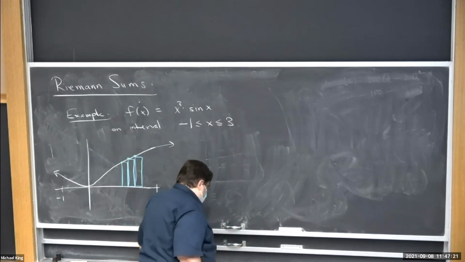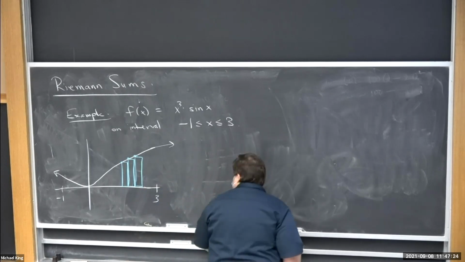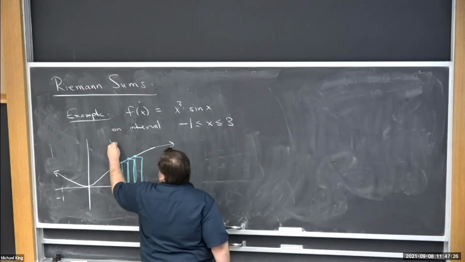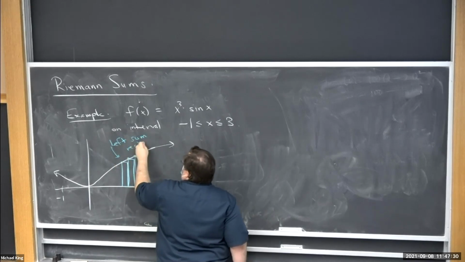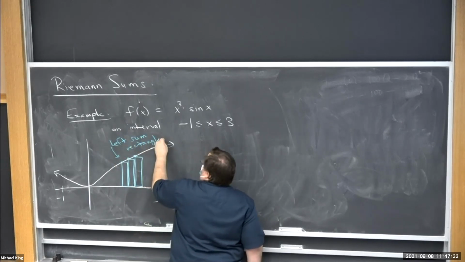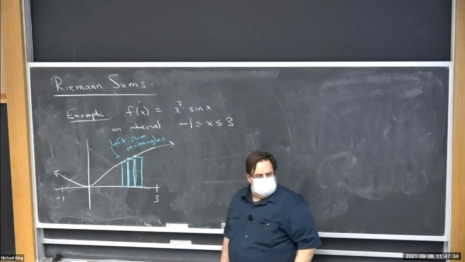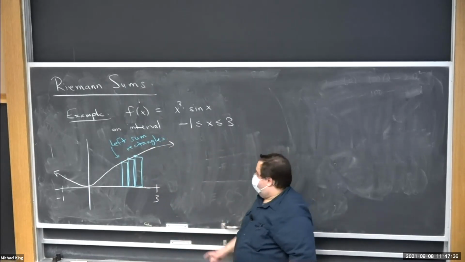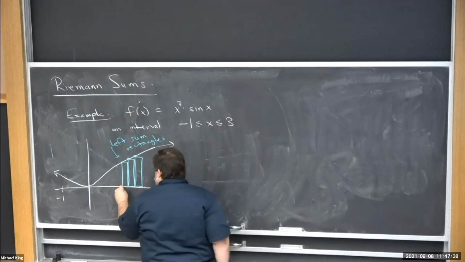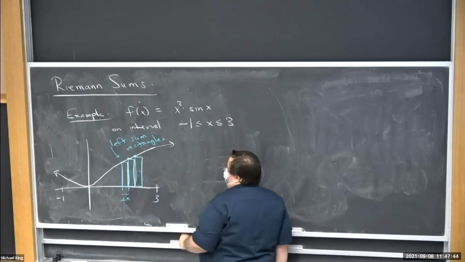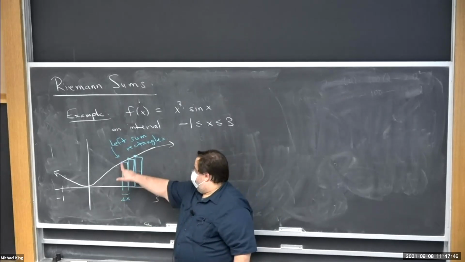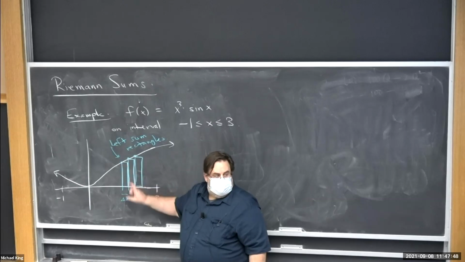So these are left sum rectangles. Does that make sense? We're using the left side of each. There are these little subintervals, which we could call delta x or delta t, and we're using the left side of each interval to pick the height of the rectangle.